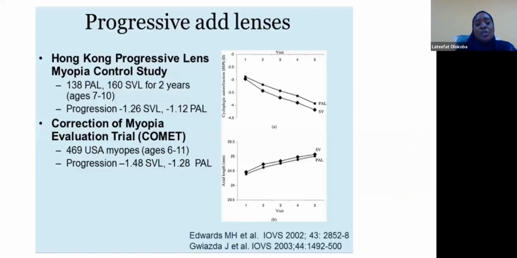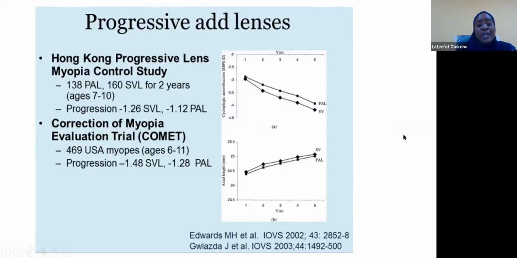So several studies have been done to compare the effect of incorporating a near add into a myopic correction with children that are just dispensed with a conventional single vision concave lens for myopic correction.